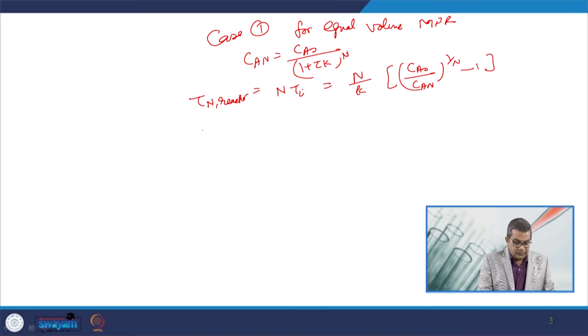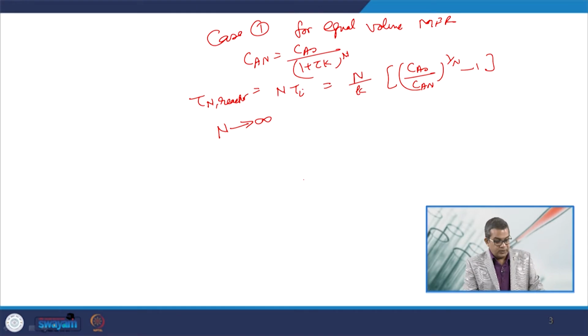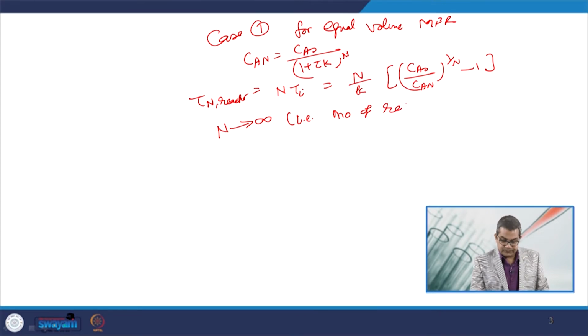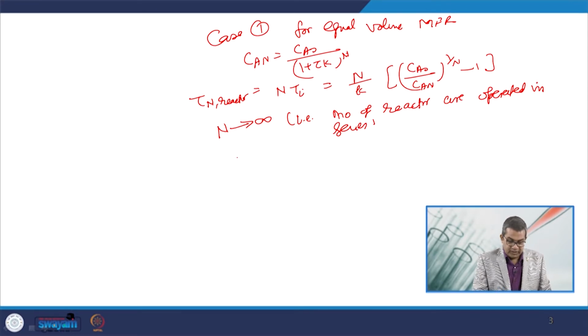Now there are various cases. Say if n tends to infinity, that is, an infinite number of reactors are operated in series, then this equation for the mixed flow reactor approaches the plug flow reactor.